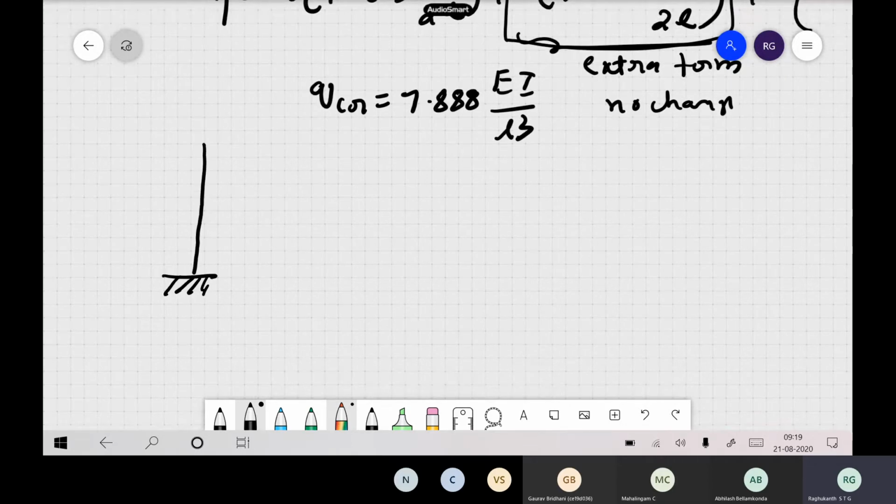So you have a cantilever, of course it is subjected to distributed load, already we have solved. Now on top of it, it also has a load P. So how do you calculate the buckling load here? This is a more realistic problem.